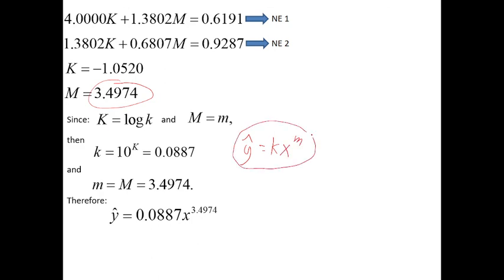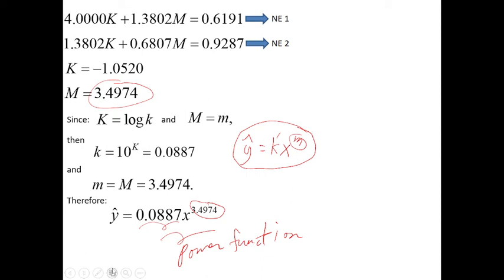This is what we are looking for. And k here is 0.0887, and the other parameter n is 3.4974. This is a power function. So we fit a power function to a set of points.